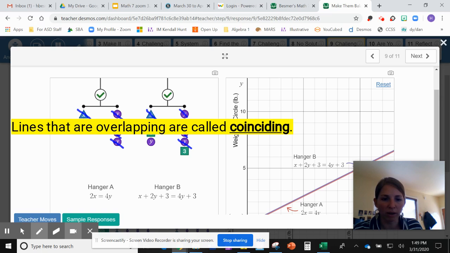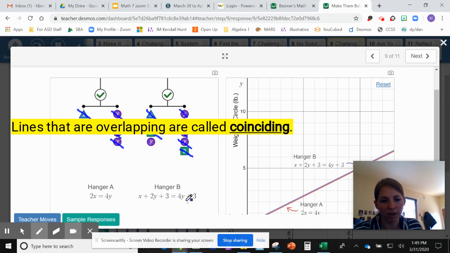Well, if these are trying to balance, I'll cross out these here, and I'm left with x equals 2y. So if I have 2 y's that equal x, I can figure out my answer here. Any situation in which I double y to get x is going to be a solution to my system.